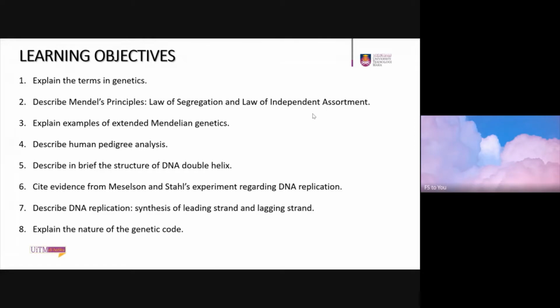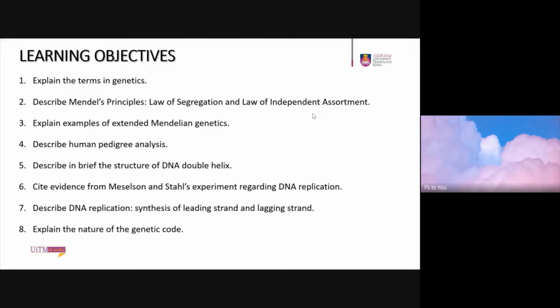Law of independent assortment berlaku masa bila? Berlaku masa meiosis 1, masa metaphase 1. So you have many chromosome. Kita ada berapa? Kita ada 23 pair of homologous chromosome. So these pairs of homologous chromosome will assort dengan bermacam-macam pattern.